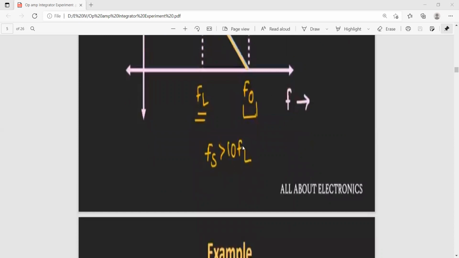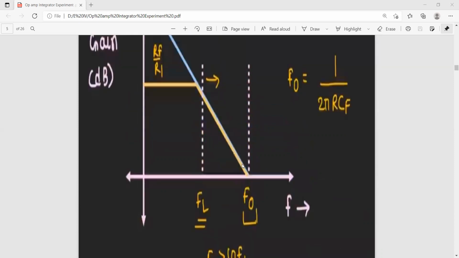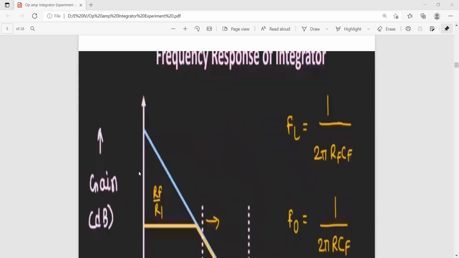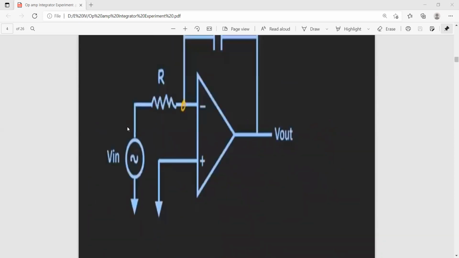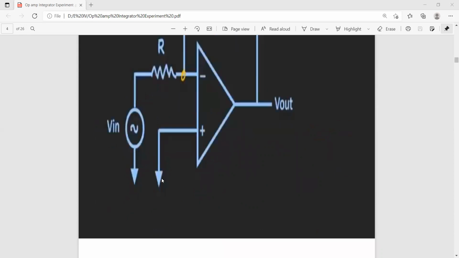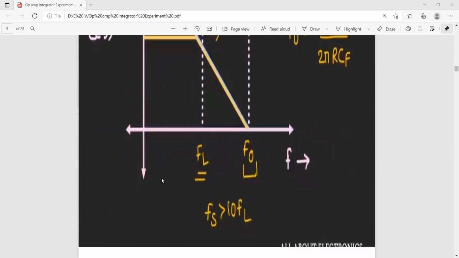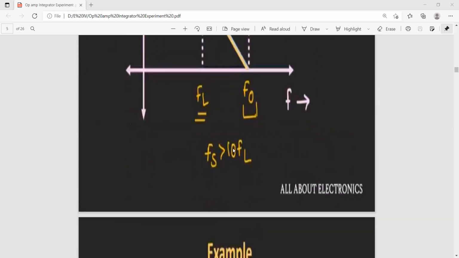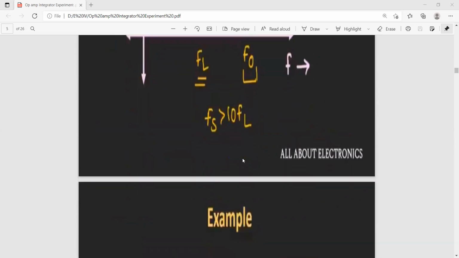And for the operating frequency, that is the signal frequency, it is approximately 10 times FL. So you have to apply approximately 10 times this FL, for better use of the device.